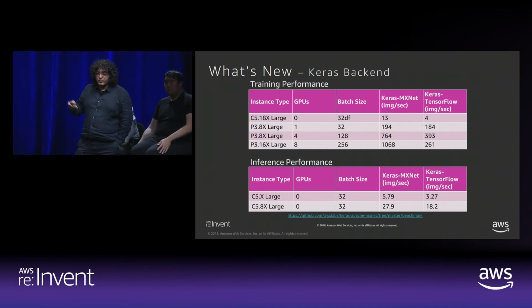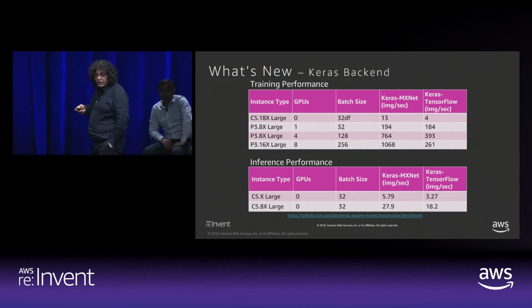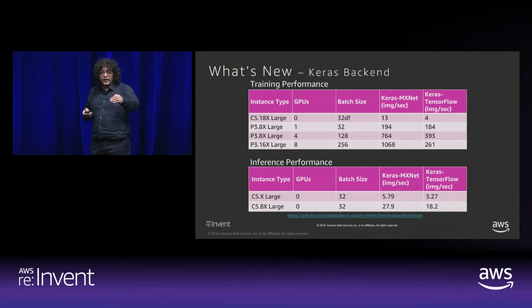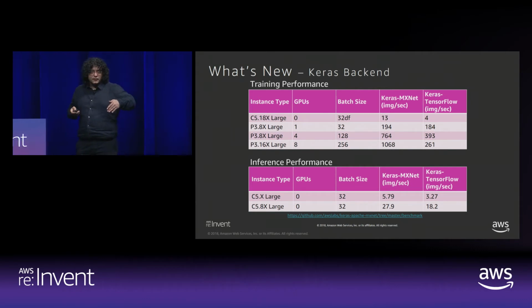You can compare the TensorFlow backend to the MXNet backend, and you see that as the number of nodes goes up, like when you go to a batch size of 256 and 8 P3.16xlarge, compared to the line before that, the images per second processing is still going up in MXNet while it started reversing in TensorFlow. You see that the processing is so much faster. So all you need to do is change your backend, and you get the benefit of the performance.